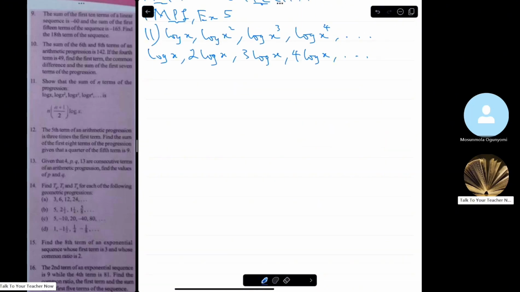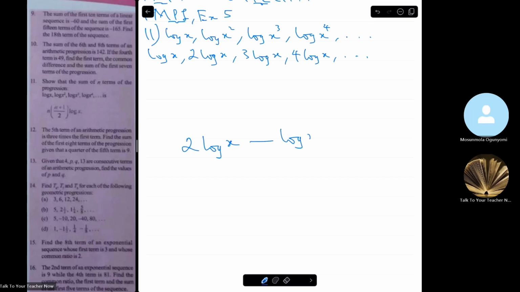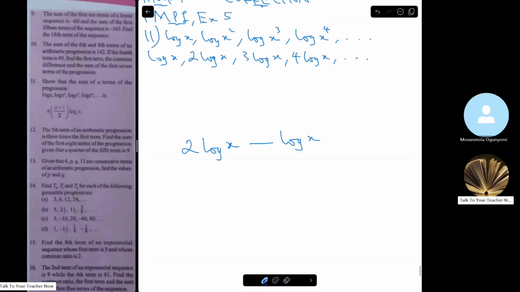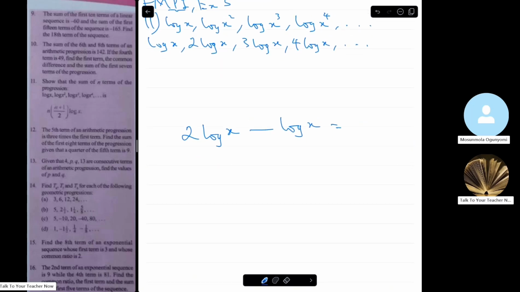Let's check if it's a linear sequence by subtracting preceding terms from current terms. The common difference is supposed to be T2 minus T1. T2 is 2 log x and T1 is log x. What does that give us? Log x, fantastic.